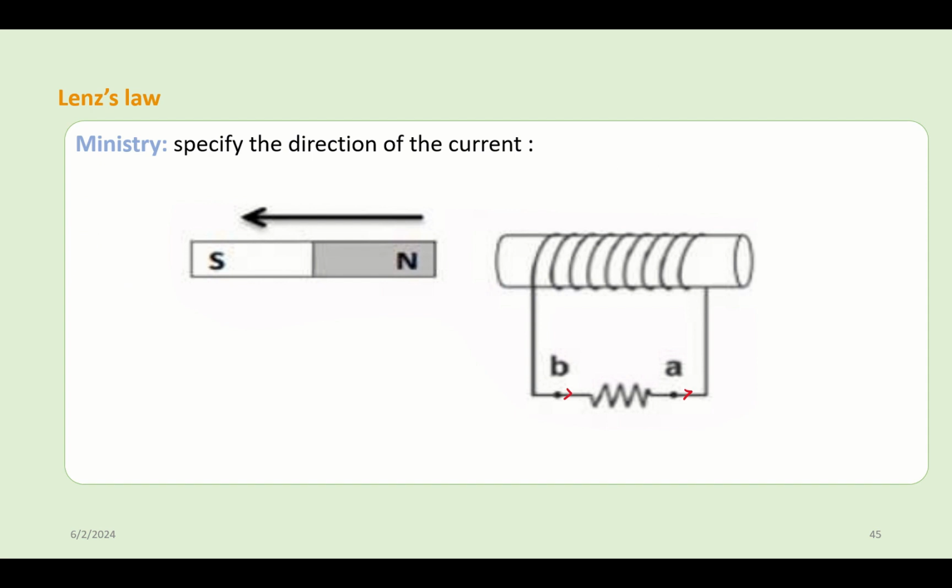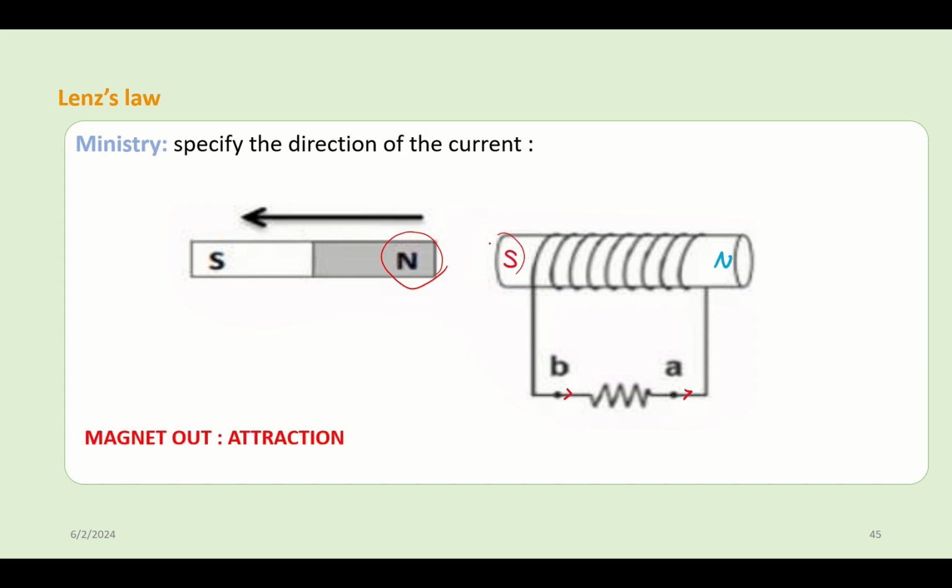Let's take some examples. Here we have the north pole on the side that's near the coil. When we remove the north pole, we will have an attraction force. Remember, when we remove the magnet away, we will have an attraction force. What will attract the north? The south pole.